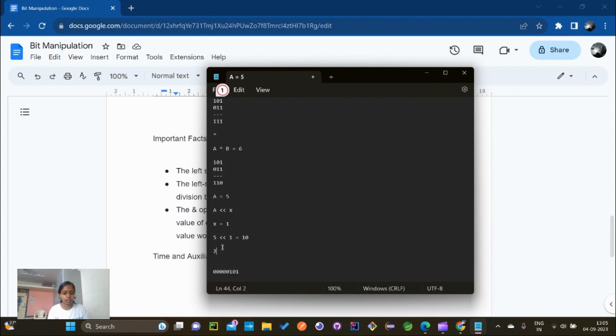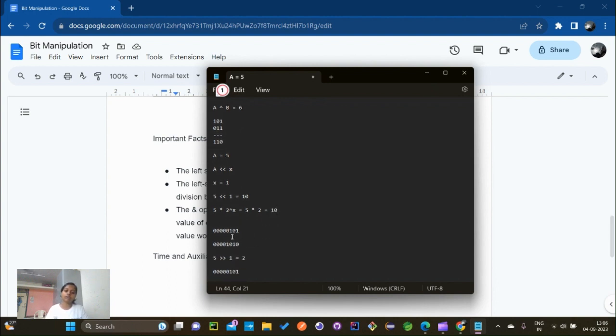Suppose here 2 power x, we have to multiply 2 power x to the initial number, 5 star 2 power x. So here we are doing the left shift, right? That's why we are multiplying. Otherwise, we have to divide. So x we have considered 1, so 2 power 1 is 2. That means 5 into 2 is 10. So the same answer we got.